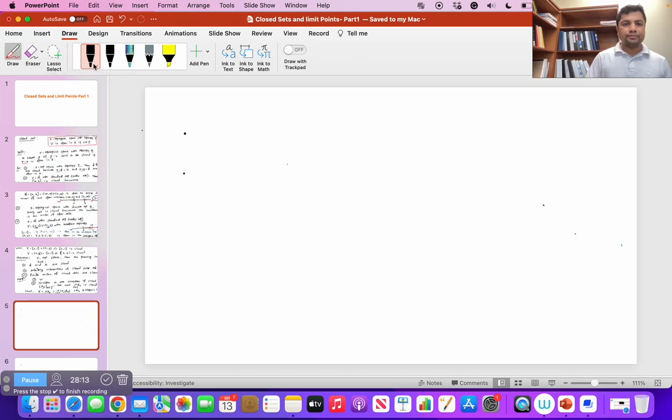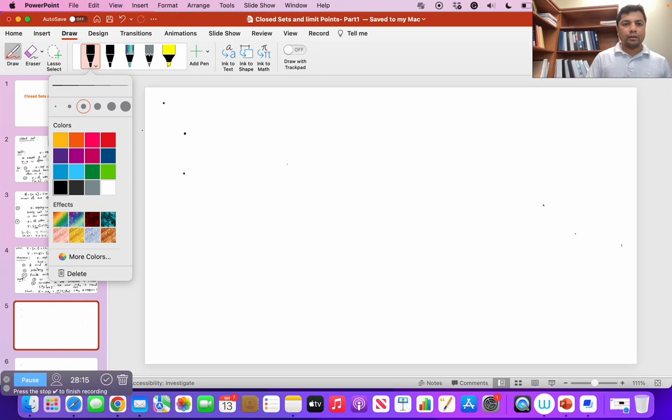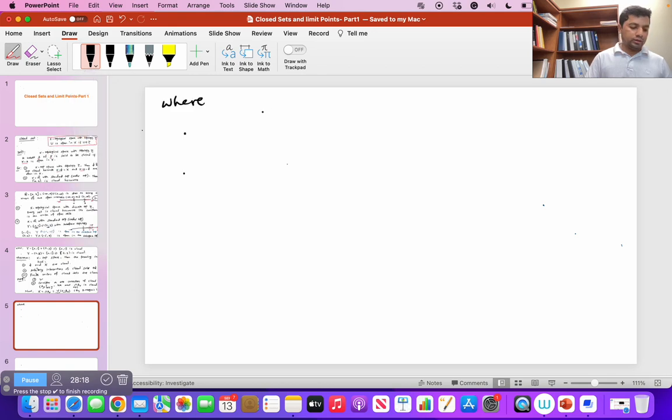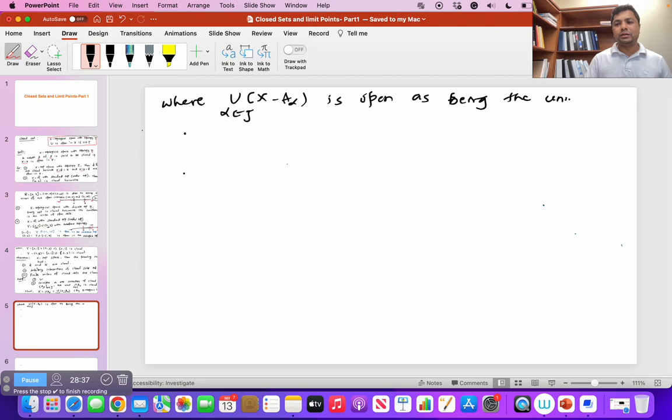So the right side, which is the union of X minus A alpha over alpha in J, is open, being the union of open sets in X.